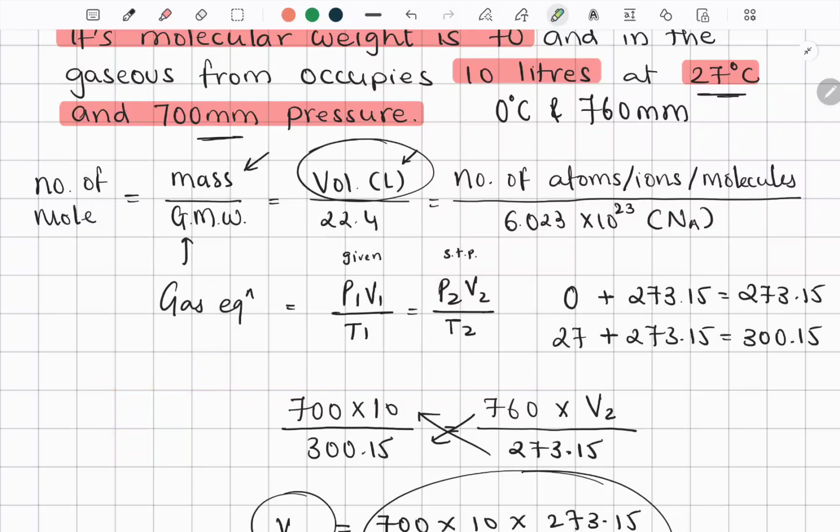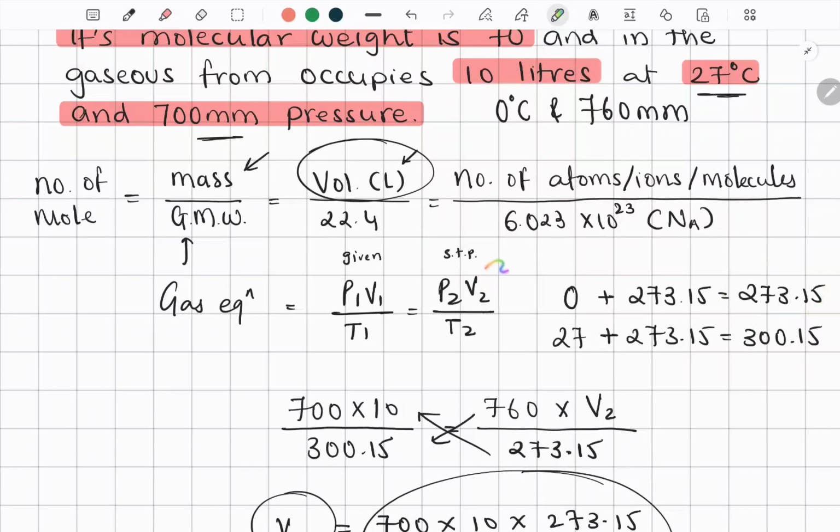Also, if the question says that 0 degree Celsius is equal to 273 and not 273.15, in order to make the calculation easier, then add only 273. Do according to the question if asked; if not asked, go for 273.15.